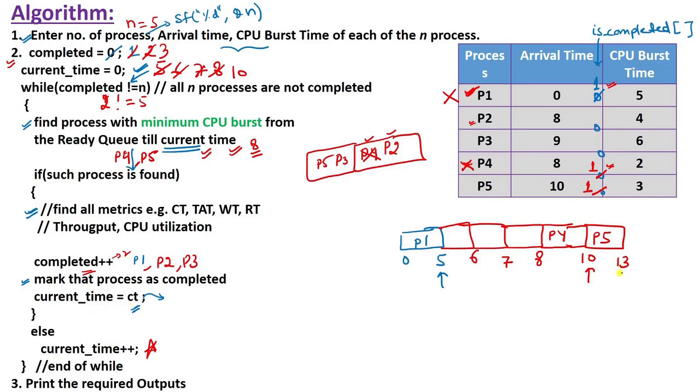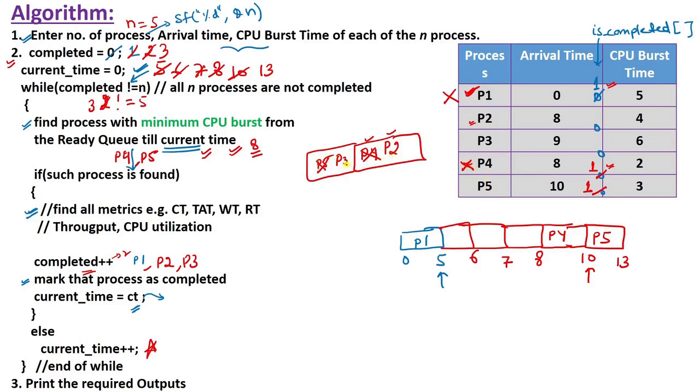So current time will now be 13. How? The completion time of P5 is 13, so 13 will go in the current time. Now in the clock you can say 13 is ringing. Now again the process has been completed, and so on. We'll run this code for the next set of processes. So P5 is over.